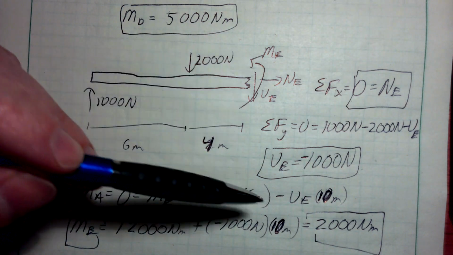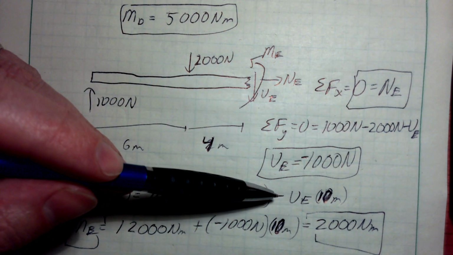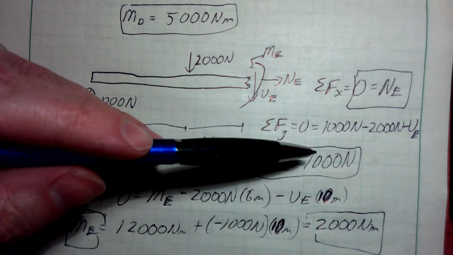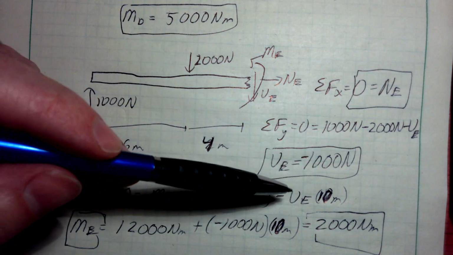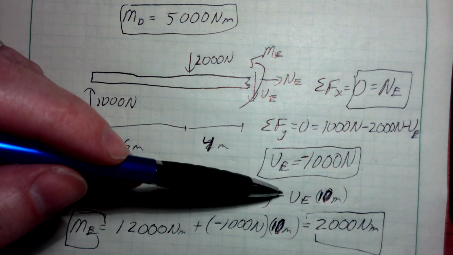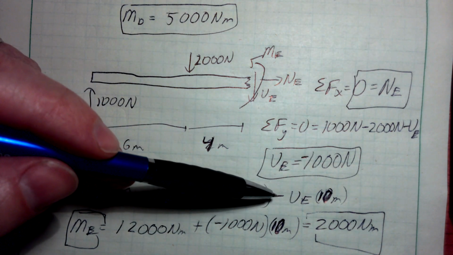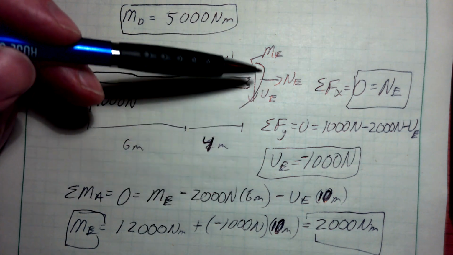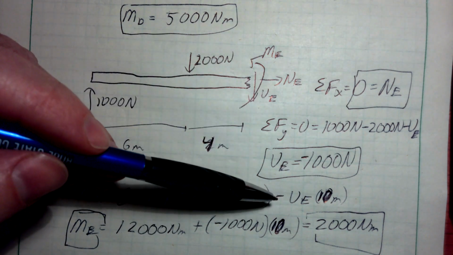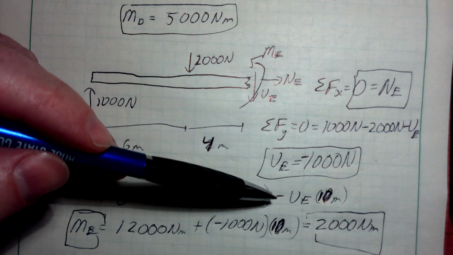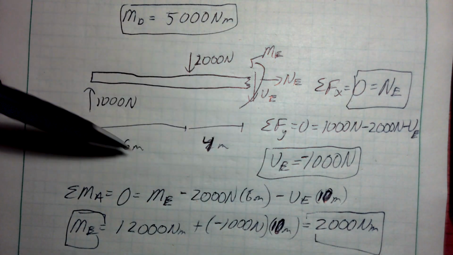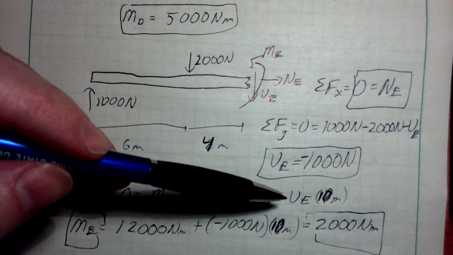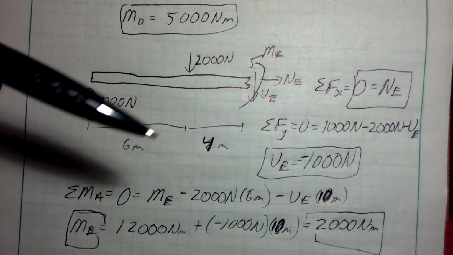As it's drawn, the shear is also causing a clockwise rotation. I know it's actually a negative 1,000 newtons, but I leave it in my equation. This is how I manage it, so I don't have to worry about which sign it is and how many negative signs I have. I've drawn it in the negative, so I add it in my equation as a clockwise motion, negative here, times its moment arm of 10 meters.